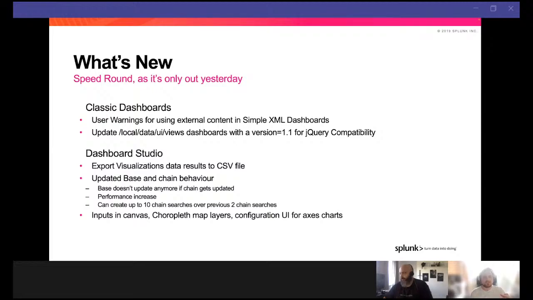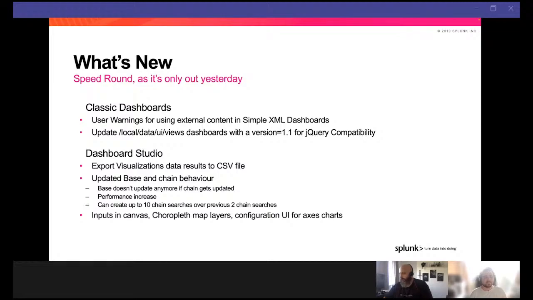The base and chain behavior of a search. So in dashboards, you can have a base search to provide a lot of data, and then a bunch of chain searches off the back of that to take the initial results and then do all sorts of other searches on that.